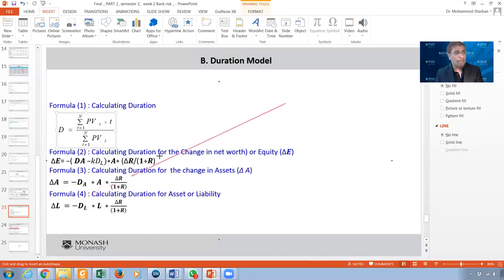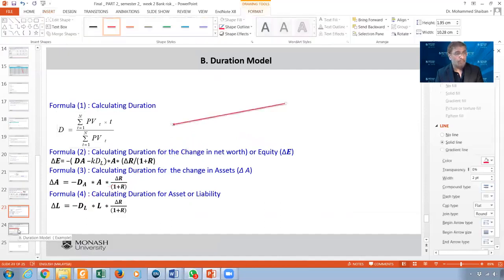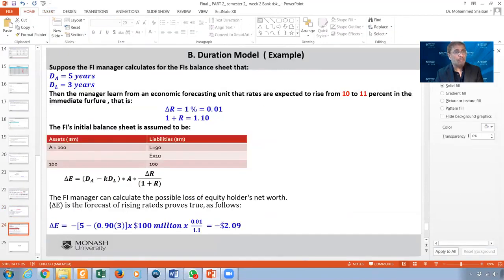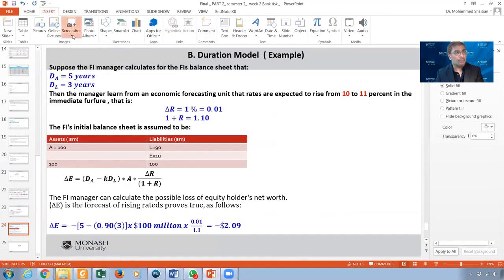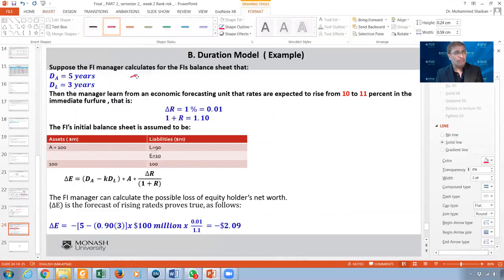But if you look at this example, we have a duration of assets of 5 years, calculated through this table and this formula I showed you before, and duration of liabilities of 3 years.